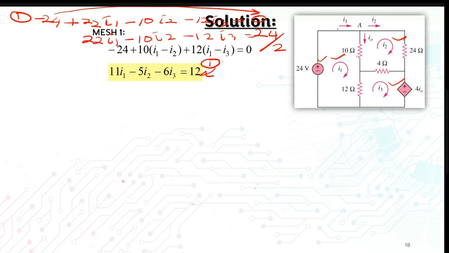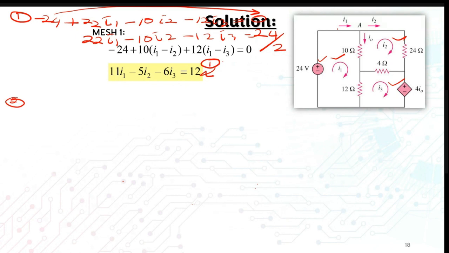Same goes with mesh 2. Let's add up all the resistors that you have inside this loop.